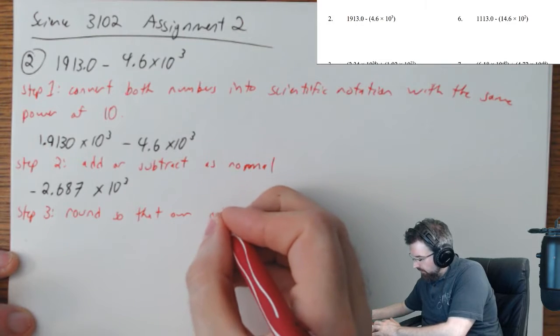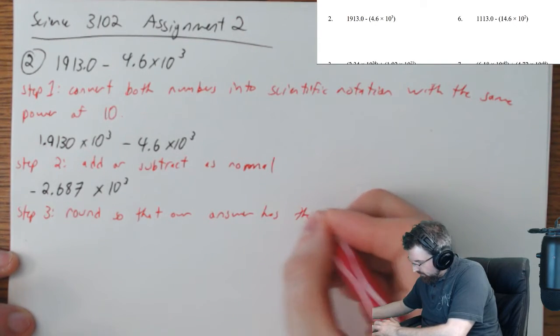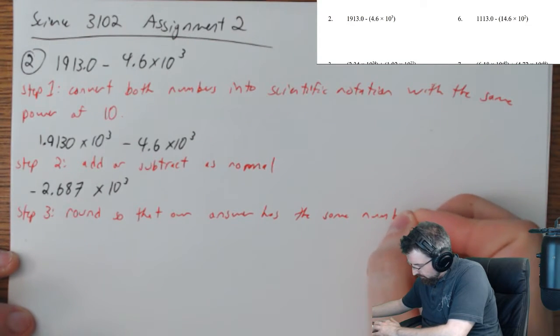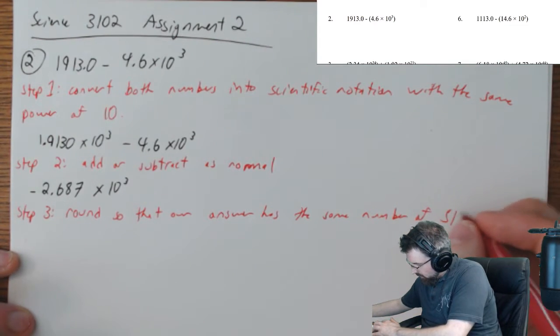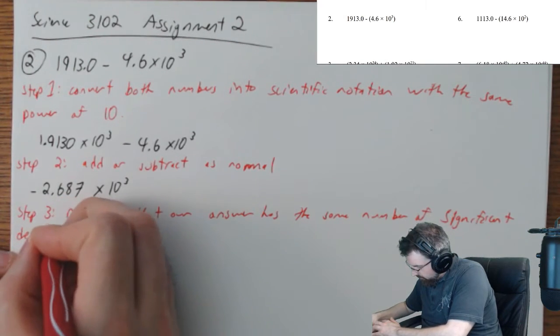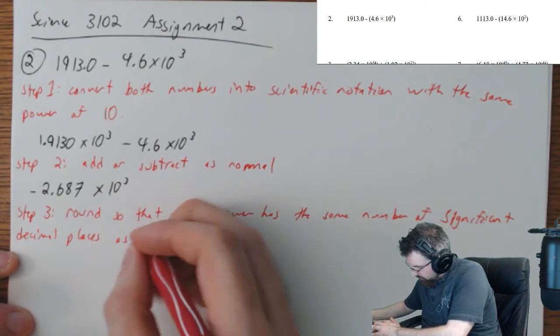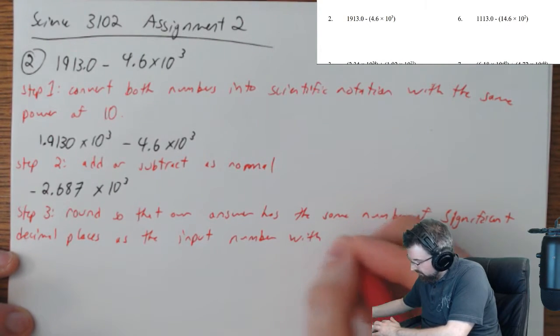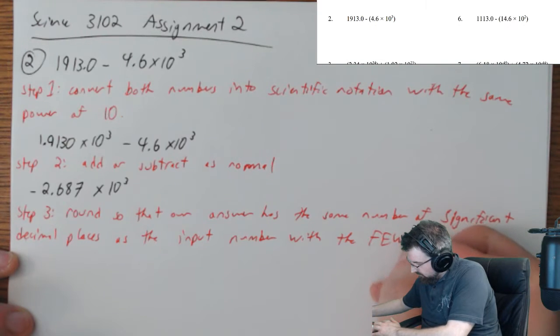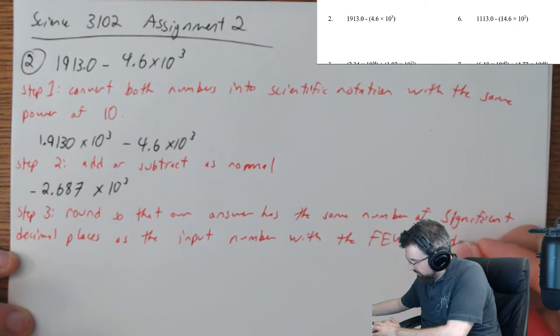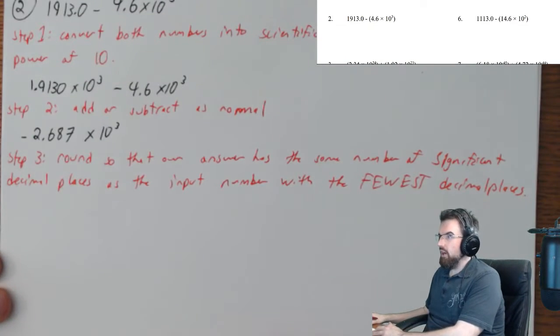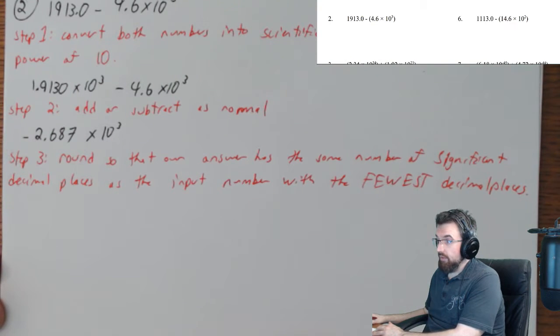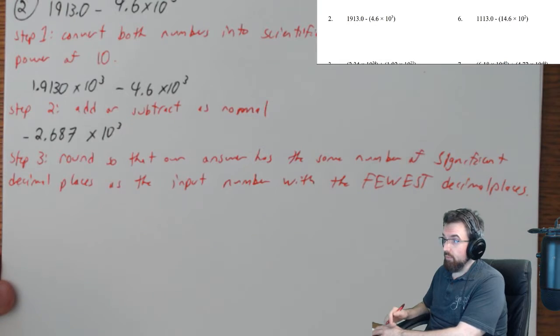We're going to round so that our answer has the same number of significant decimal places as the input number with the fewest decimal places.